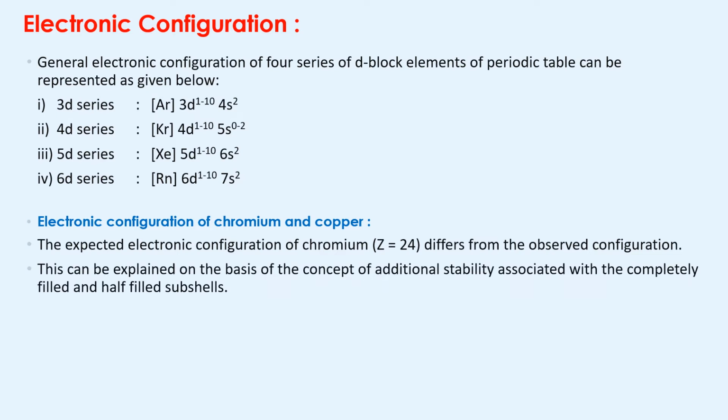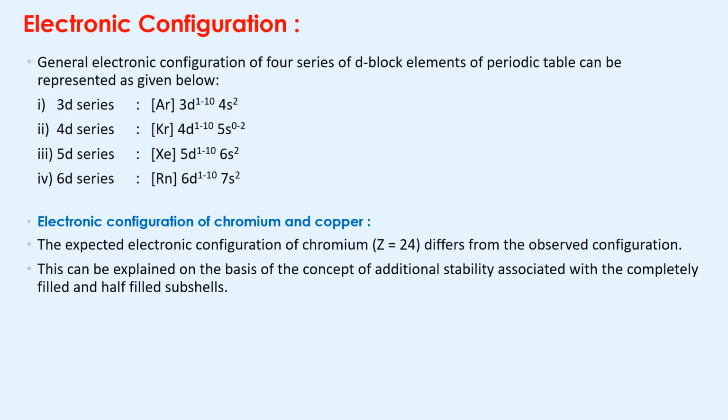This can be explained on the basis of the concept of additional stability associated with a completely filled and half filled subshell. Now what is the capacity of the d orbital? The d orbital can accommodate a maximum of 10 electrons, so that is fully filled. And what is half filled for the d orbital? 5 electrons. So that is half filled.